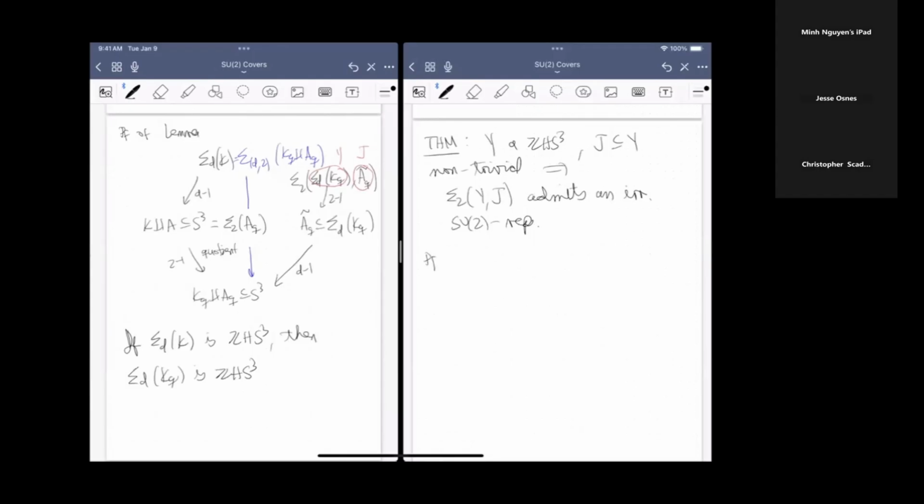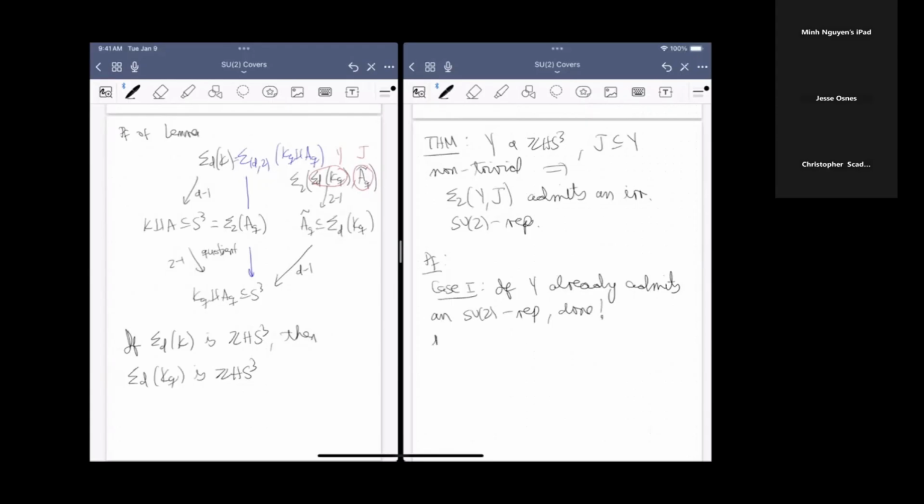And again, the proof is by cases. So the first case, the simplest case, is if this manifold Y already admits an SU2 representation, we are done.